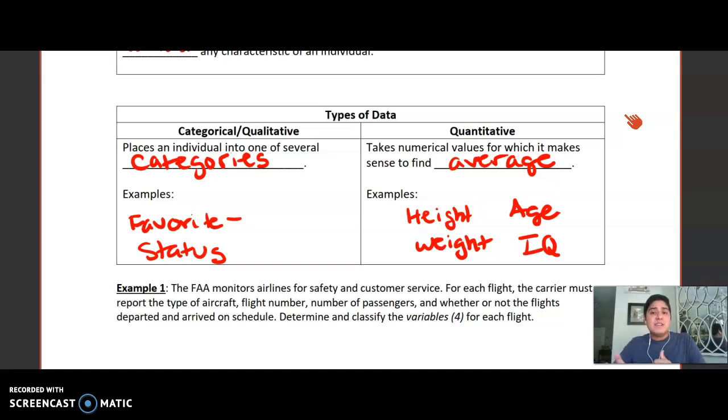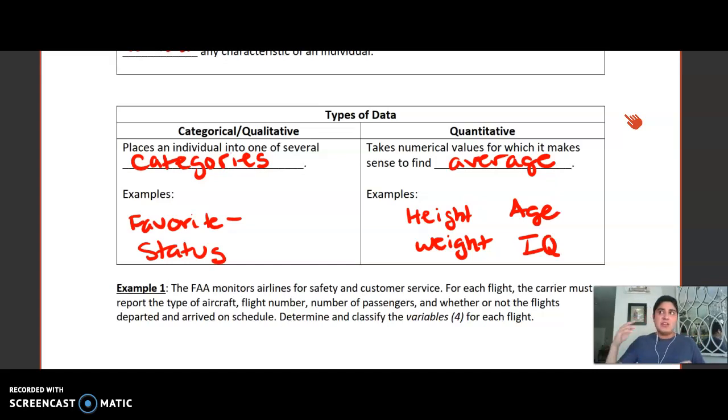Now, quantitative data takes on numerical values for which it makes sense to find the average. So for example, the average height of females in Houston, Texas, the average weight of males in the state of Texas, the average age at Fulshire High School, the average IQ of a Texas high school student, etc. So when we look at categorical and qualitative data, we're counting how many people fall into one of those distinct groups, whereas when we look at quantitative data, that numerical value means something.